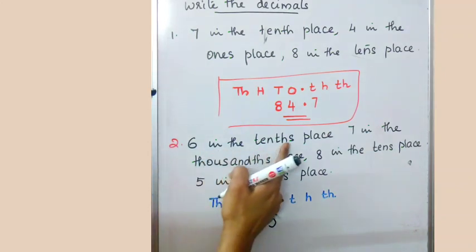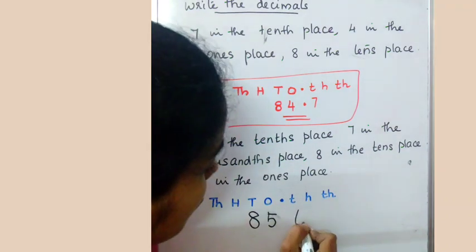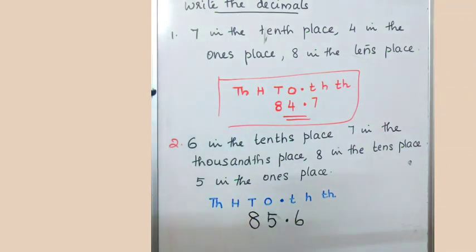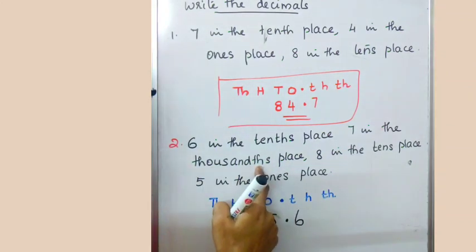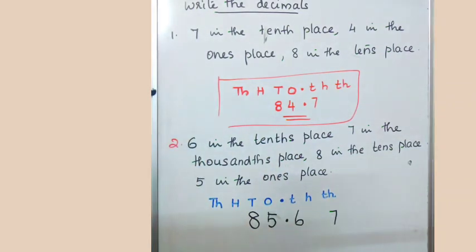Then 6 in the tenths place. We put the decimal point here. Then 7 in the thousandths place.